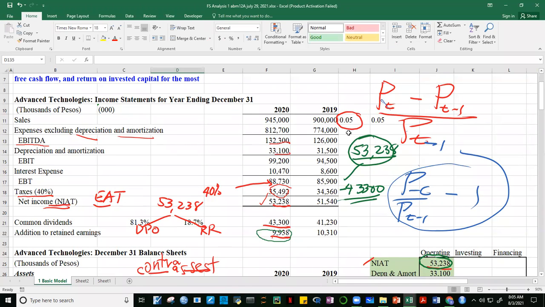We learned how to get the percentage growth rate, which is the value now minus the value yesterday divided by the value yesterday, which we said is easier in Excel: value now divided by value yesterday minus 1. It's easier to do this.